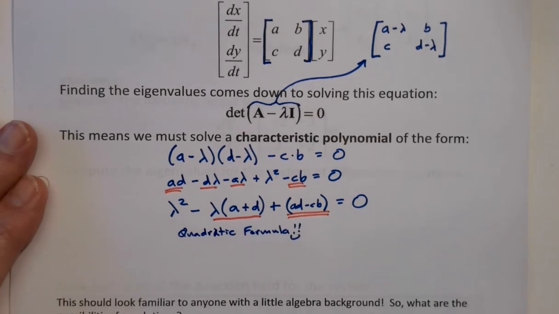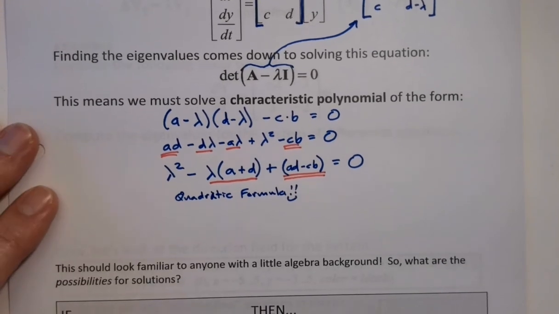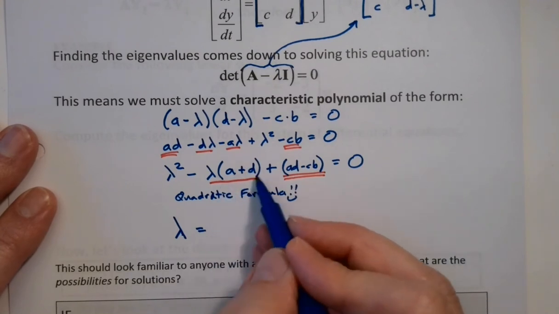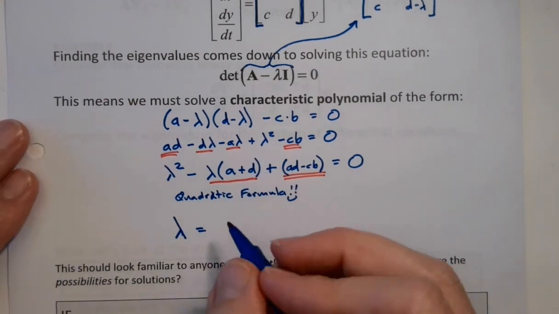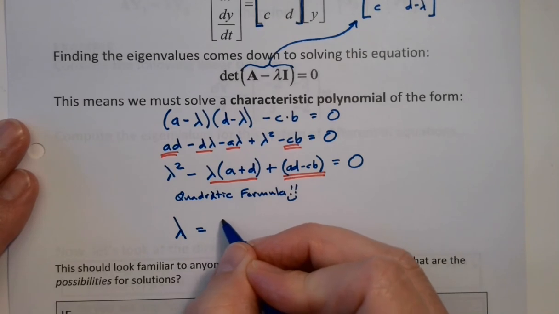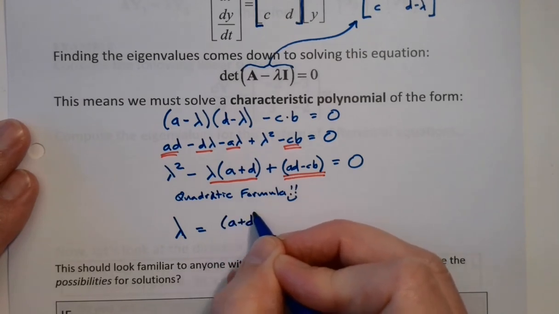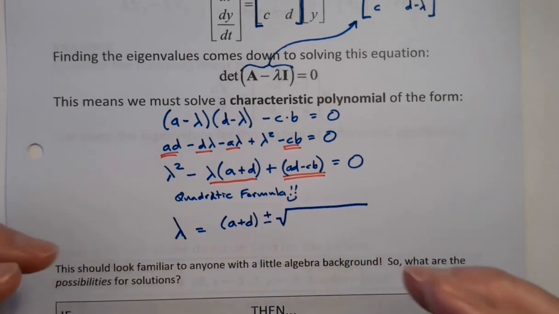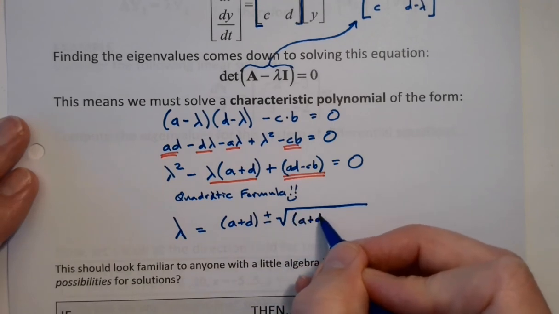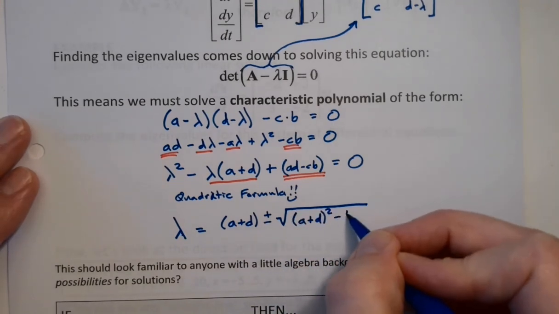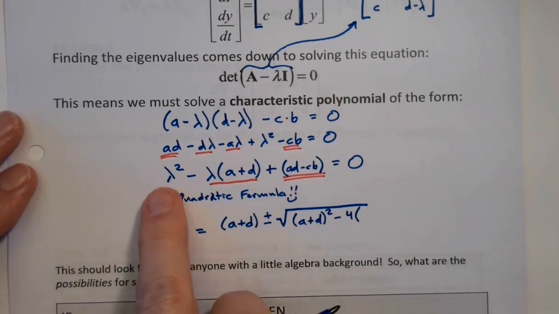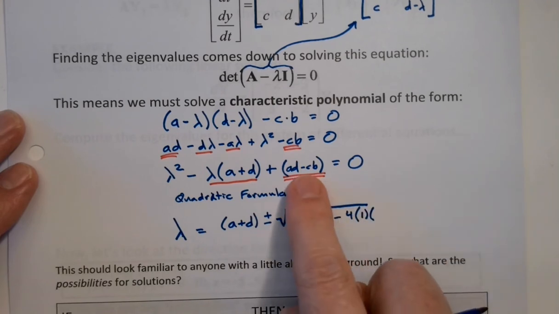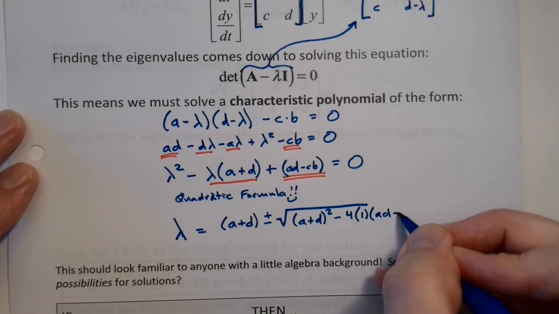If we use the quadratic formula, modified for this one, the solution is going to be lambda equals, and then our quote-unquote b term in this case would be negative b, so it would be a plus d up top, plus or minus the square root of b squared, so it's going to be a plus d squared, minus 4 times the a term, which in this case is just a 1, times the c, which is that constant term way back here at the end, ad minus cb.